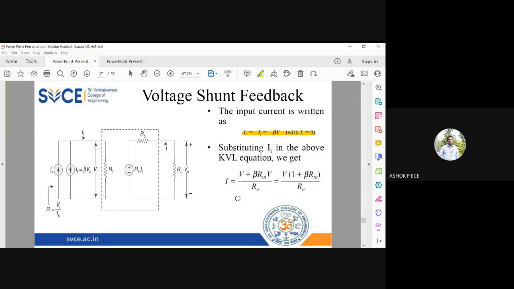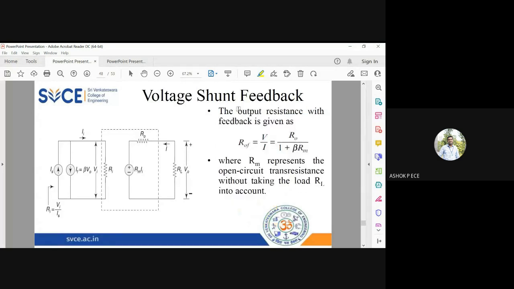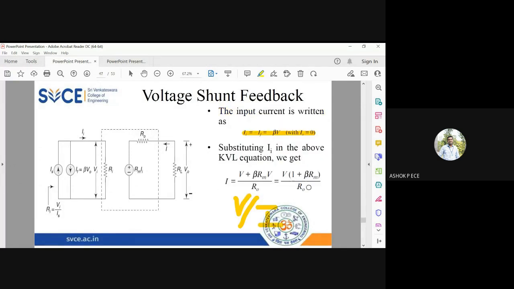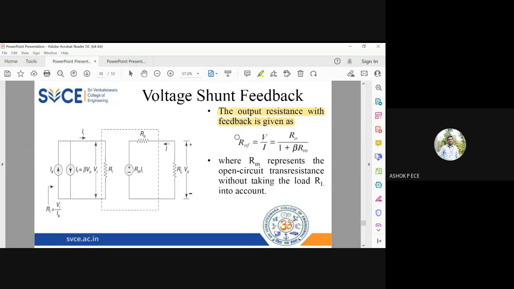Now cross multiply. We want the ratio V by I, because V by I is going to be Rof, which is the output resistance of the amplifier with feedback. So rearrange the terms. You get the output resistance of the amplifier with feedback, Rof, equal to V by I, which is Ro by 1 plus beta into Rm.